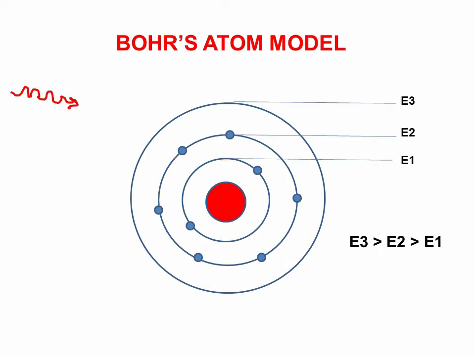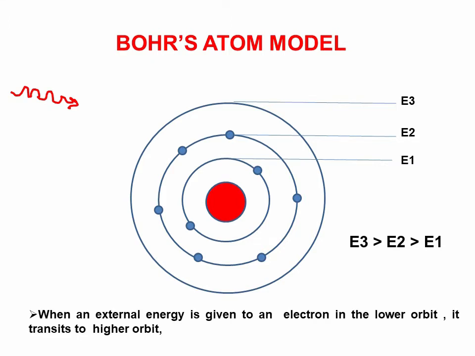The second point is, when external energy is given to an electron in the lower orbit, which has lower energy, it transits to a higher orbit, which has higher energy. So, according to this diagram, E1 has lower energy, E3 has higher energy. So, when external energy is given to an electron in the lower orbit, it transits to the higher orbit.